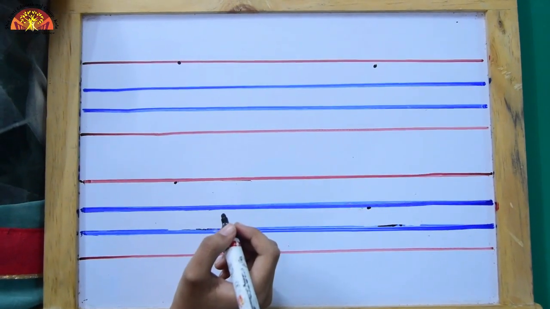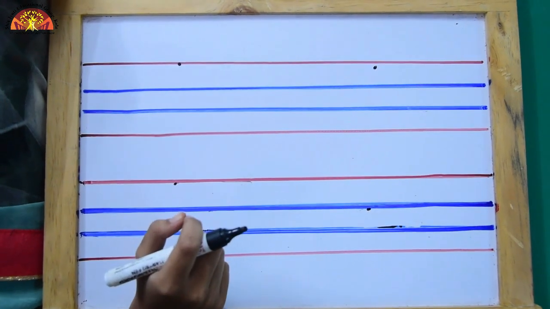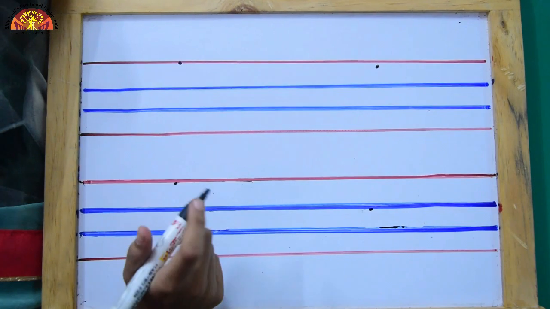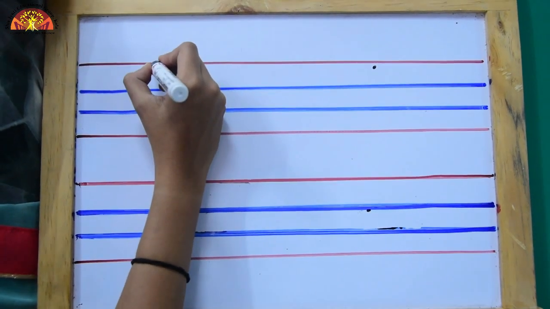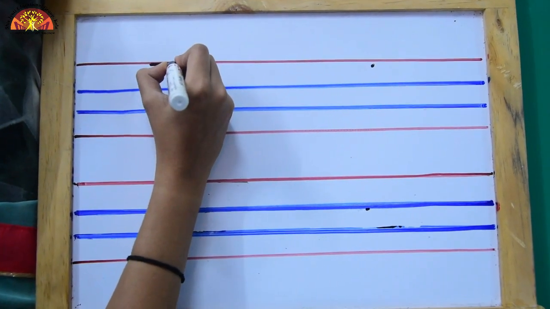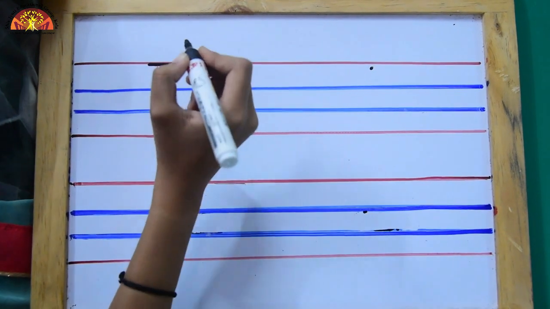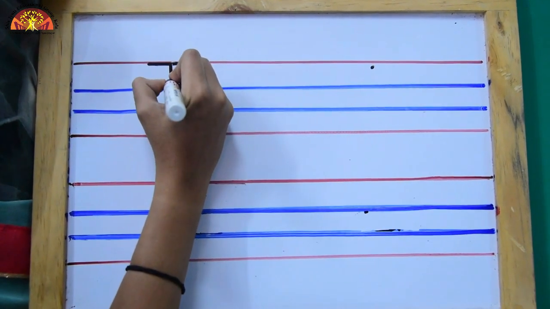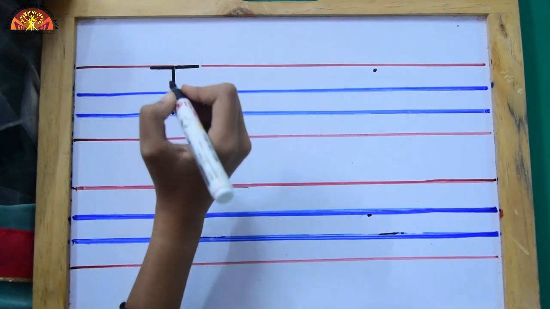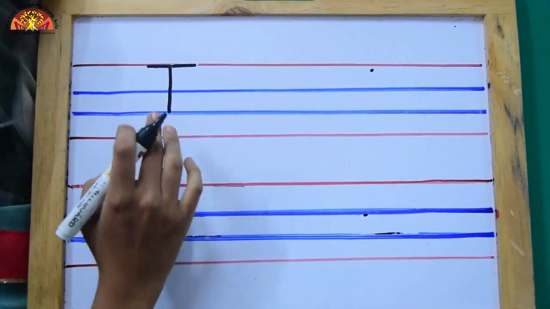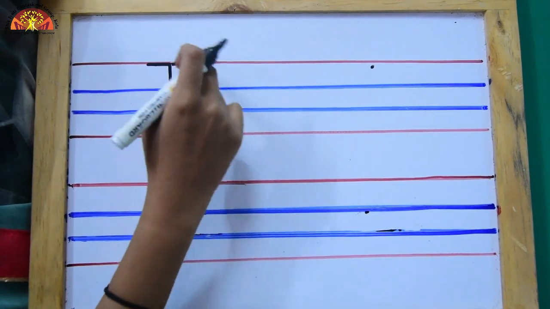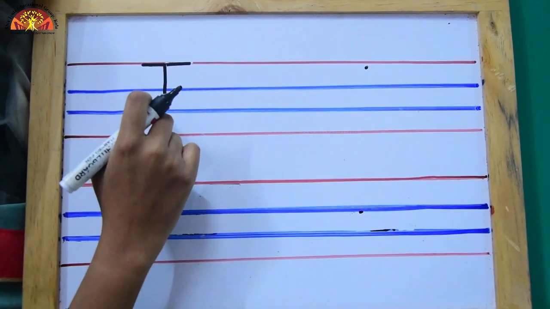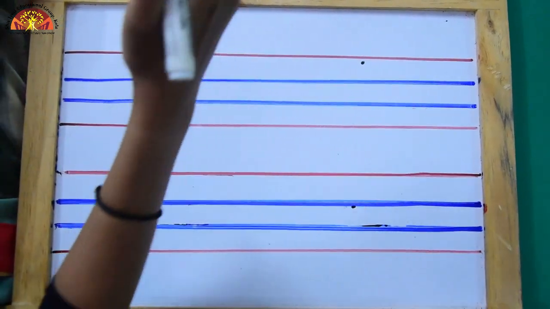First we will write capital letter T. You have to start from the first line. First we have to draw a small sleeping line like this, then a standing line. You have to draw this letter in between these three lines only. So this is capital letter T. Now let's write small letter T here.